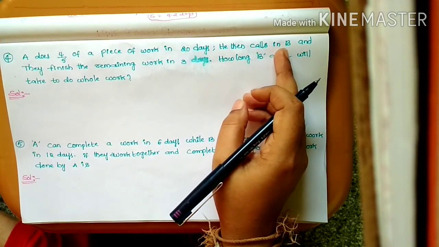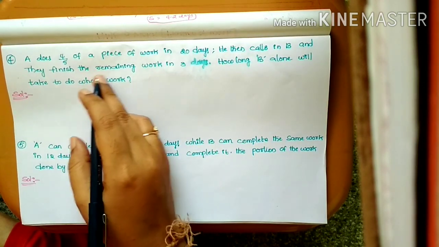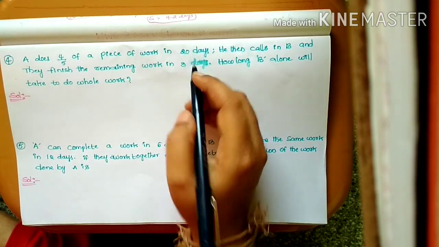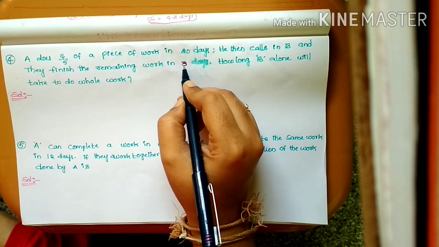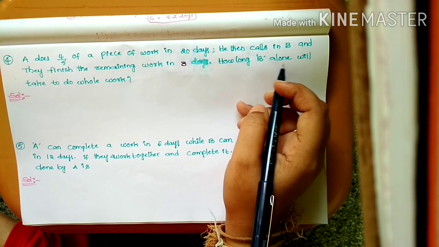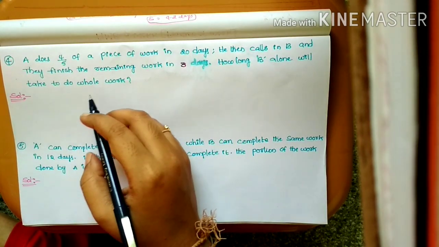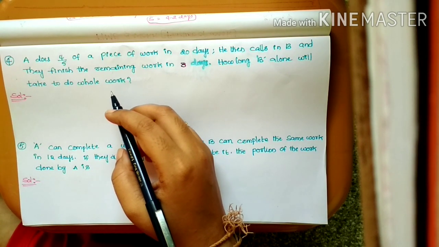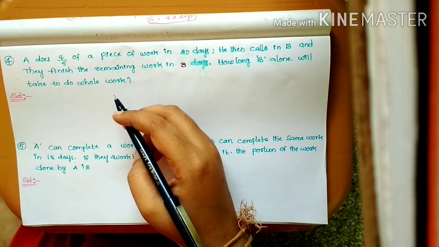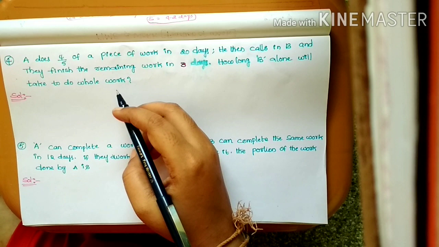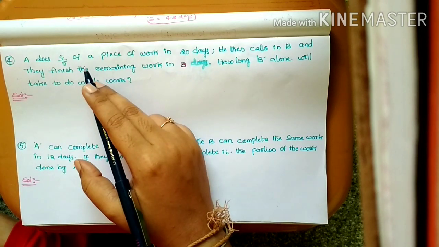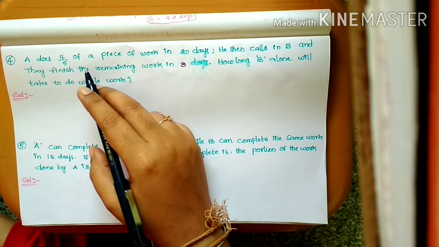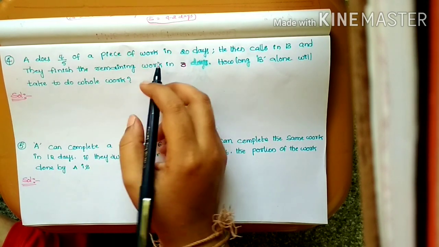He then calls in B and they finish the remaining work in 3 days. How long will B alone take to do the whole work? Here the question is what? What is A? A is 4/5 of work. So A is 25 days.